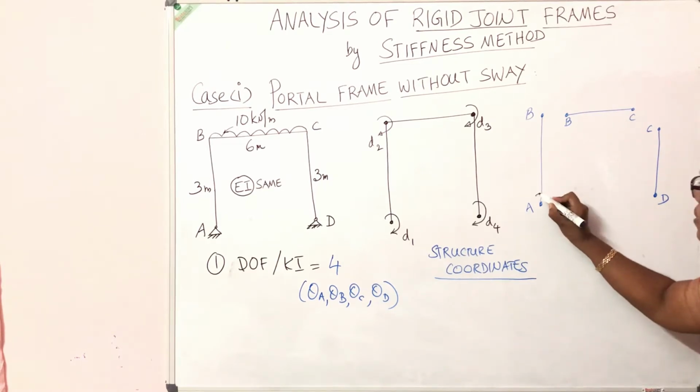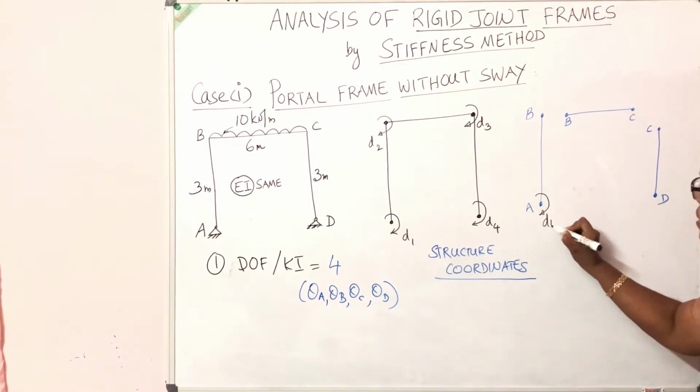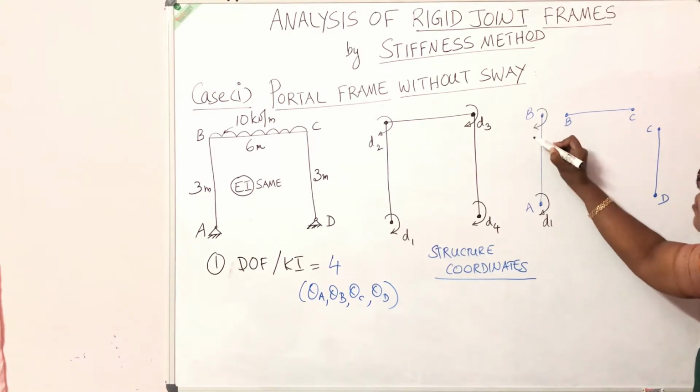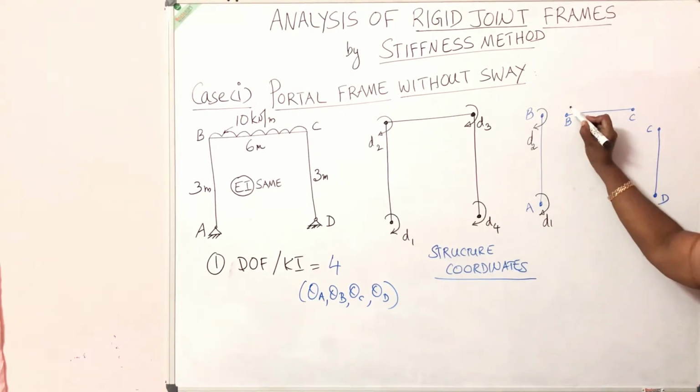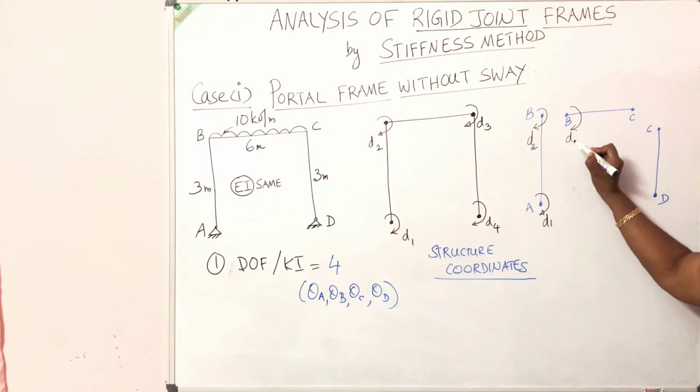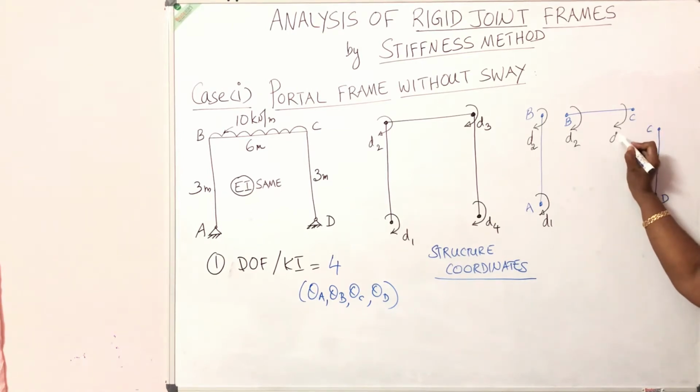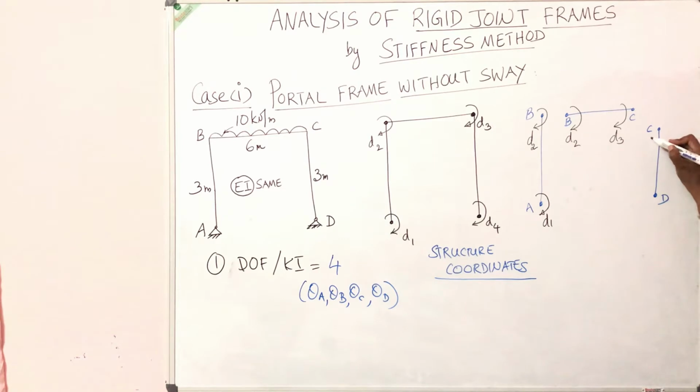What are the coordinates? For the first element, this coordinate is D1. This is D2. For the second element, joint B is D2, and C is D3. For the third element, it is D3 and D4.